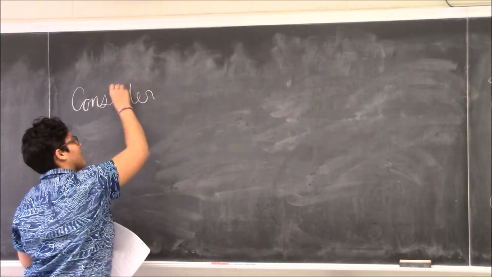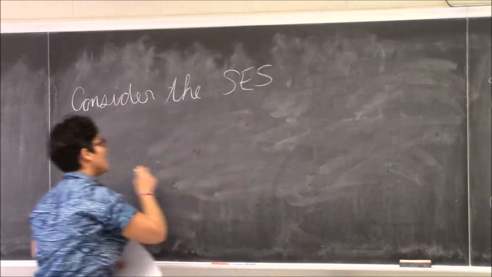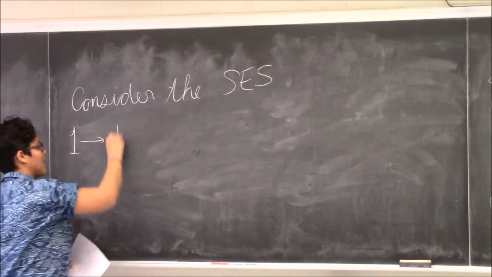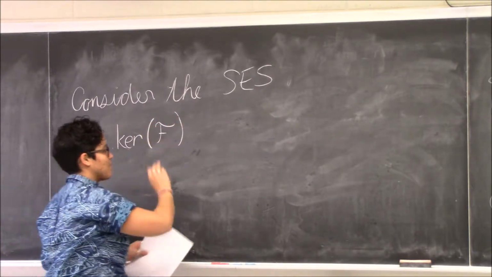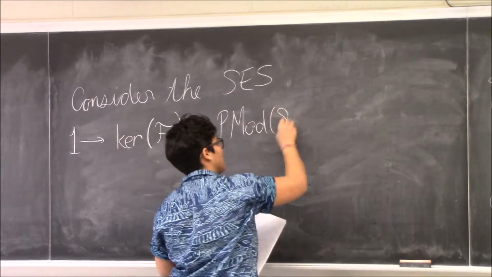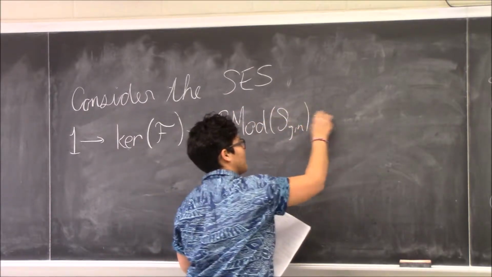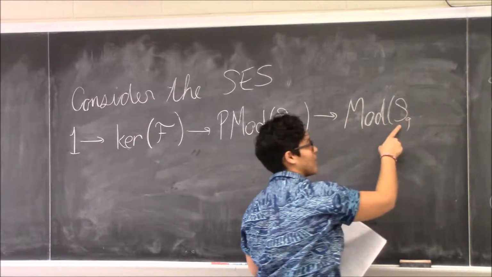So let's consider the short exact sequence given as follows. We're going to send 1 into the kernel. I'll describe what this map script F is. It's going to be the kernel of a map from the pure mapping class group into the mapping class group of the closed surface.